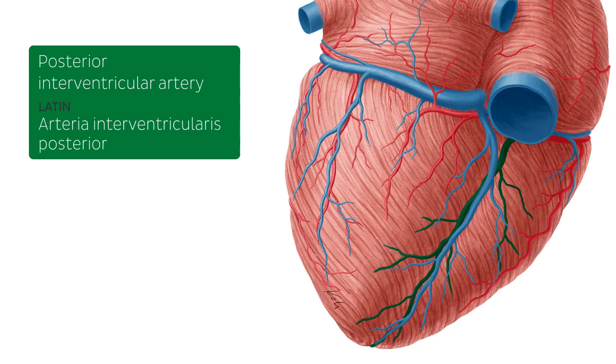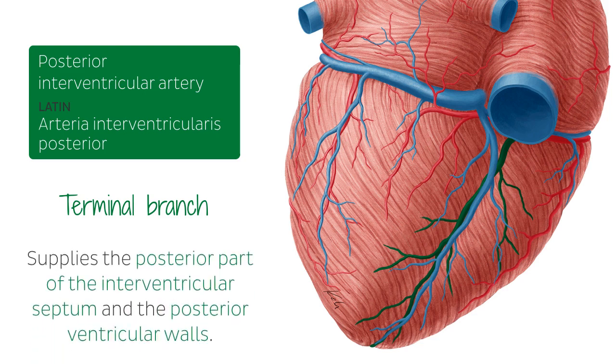So as you can see, this is the last branch of the right coronary artery. This is also known as the terminal branch of the right coronary artery, and will be supplying blood to the posterior part of the interventricular septum and the posterior ventricular walls.